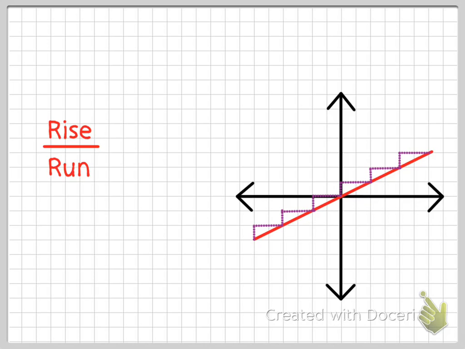So my rise, my up and down, is 1, and my run, my left and right, is 2. So the rise over run for this line is 1 over 2, and that's how I would describe the slope of this line. The slope is 1/2. Again, I want you to notice that the slope is positive, and the description of my line is positive. That is a positive slope.